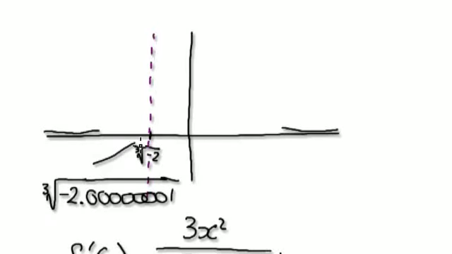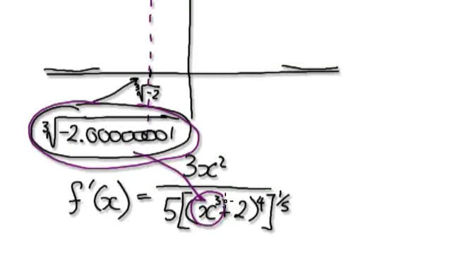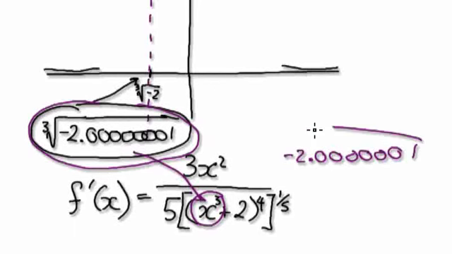Okay, so select a point just to the left. So if you put this number into here, and then when you cube it, you will get minus blah blah blah here. You will get something like this.